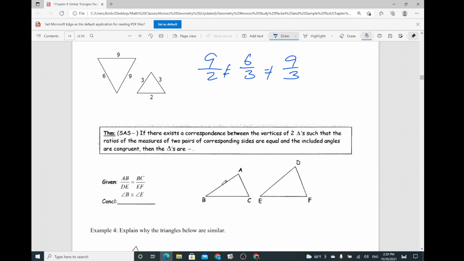So AB compared to DE, and BC compared to EF, and then the included angles B and E are congruent angles. If this is the case, that means triangle ABC is similar to triangle DEF.